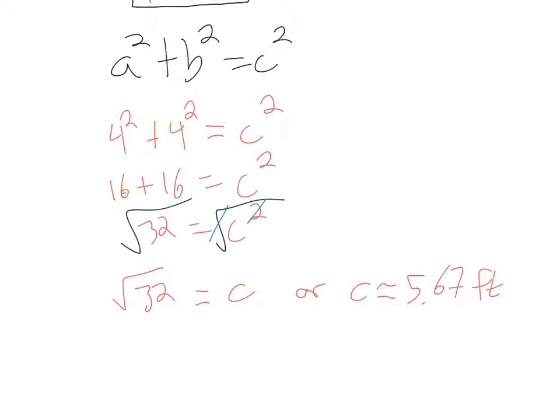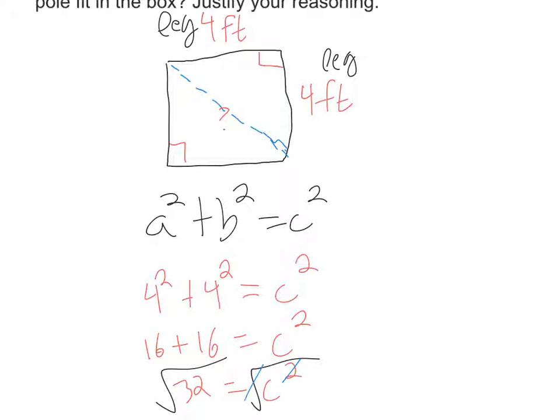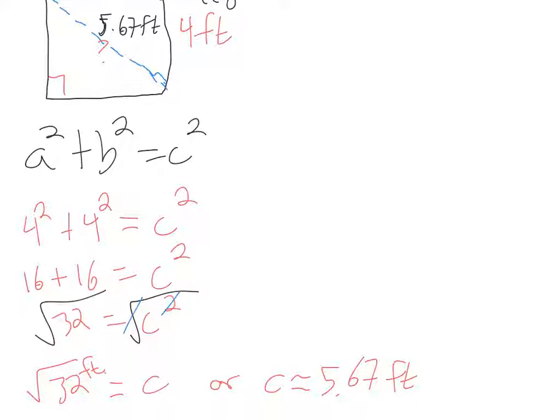A little sloppy there. Okay, so we know that the fishing rod is 5.5 feet long, and the distance from here to here is actually 5.67 feet. So yeah, that fishing rod will fit. We have enough room to fit a 5.5 foot long fishing rod in that box.